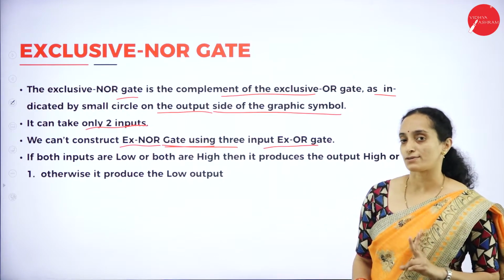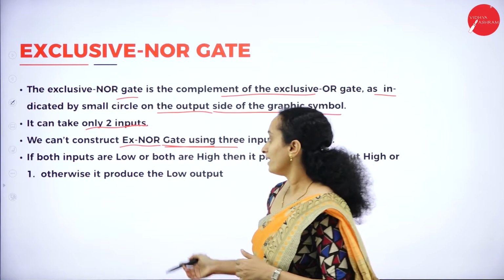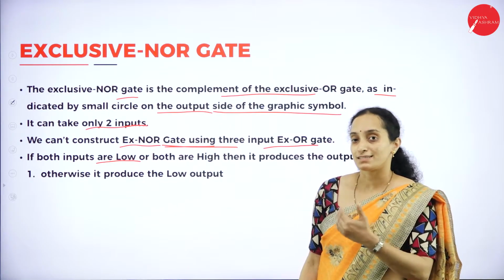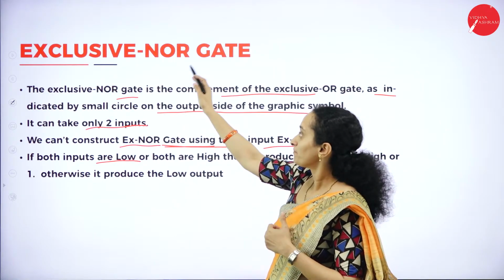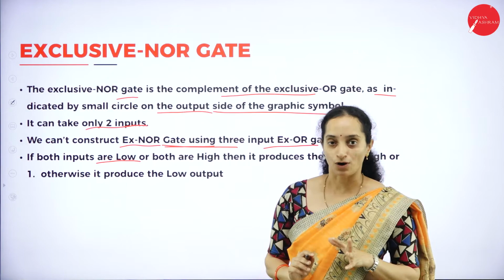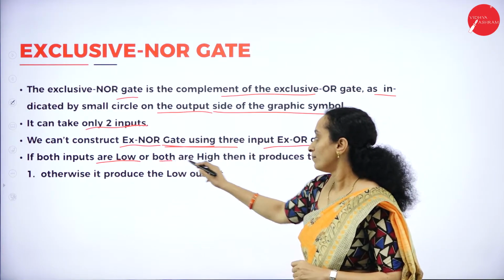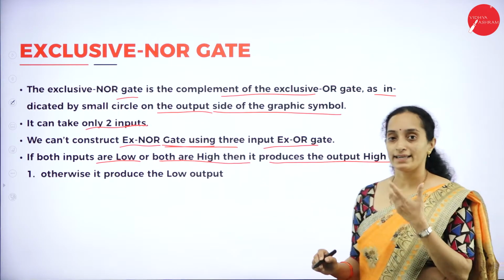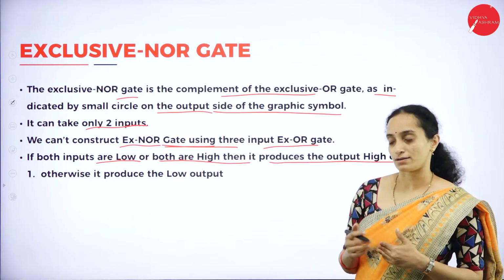Only a 2 input XOR gate can be used to have more inputs. If both inputs are low or both are high, then it produces the output high. Reverse of the XOR, we have XNOR.